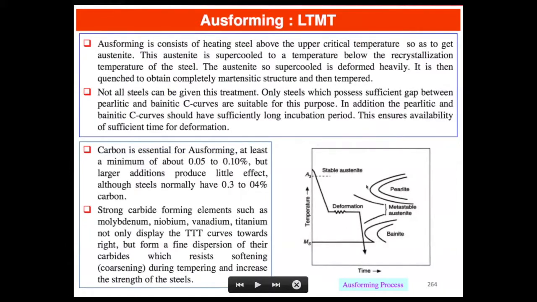If we were higher up, we'd catch the nose of pearlite. But if the composition's right and we have a sufficient gap here, we can deform in this intermediate region, but we're still completely in the austenite phase field.